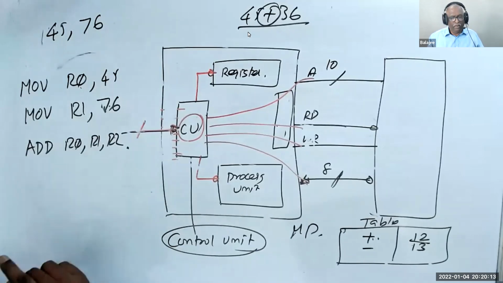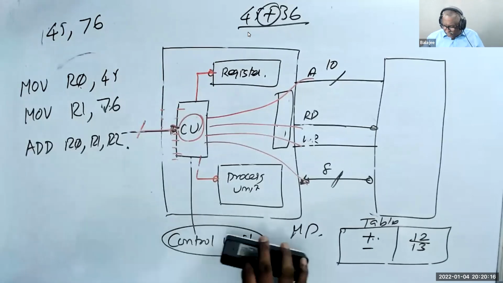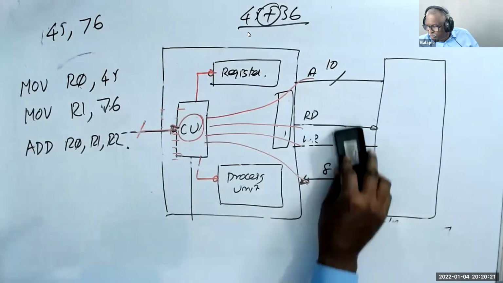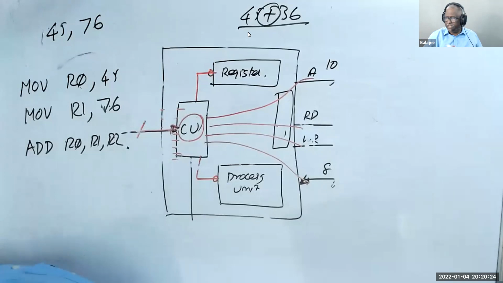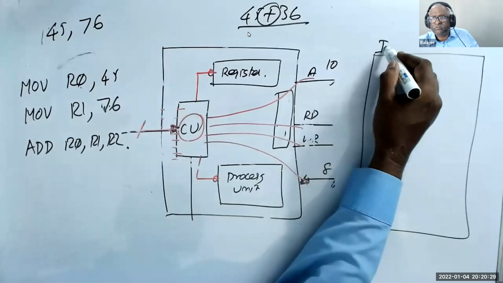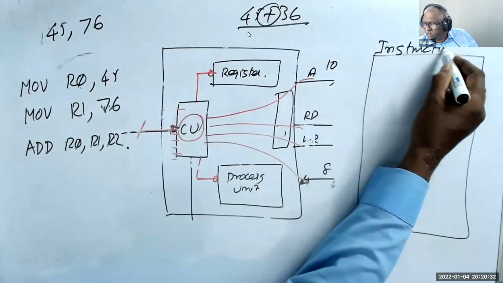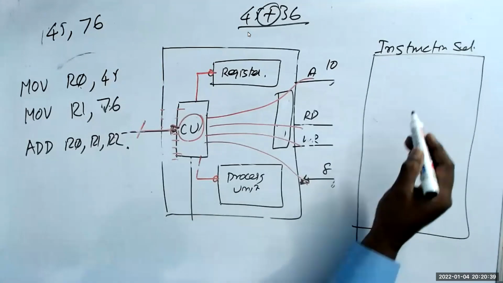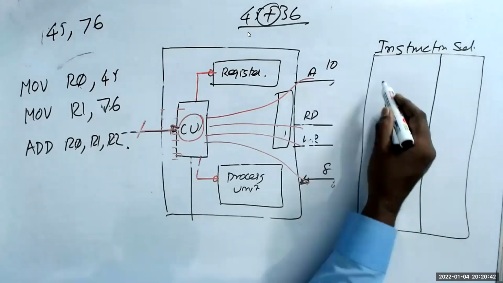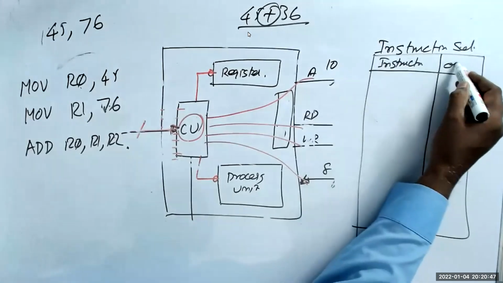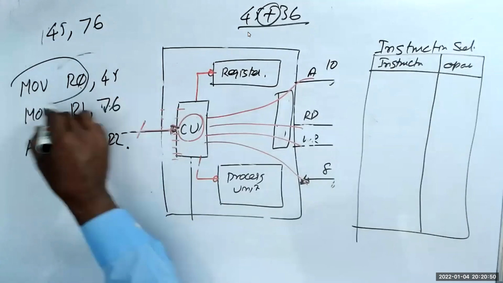Understand? Now immediately after writing this, I go to the table. Forget about this, I can use this place for a table: the instruction set. Here I have two columns. One is instruction, another is opcode. First one is move R0.